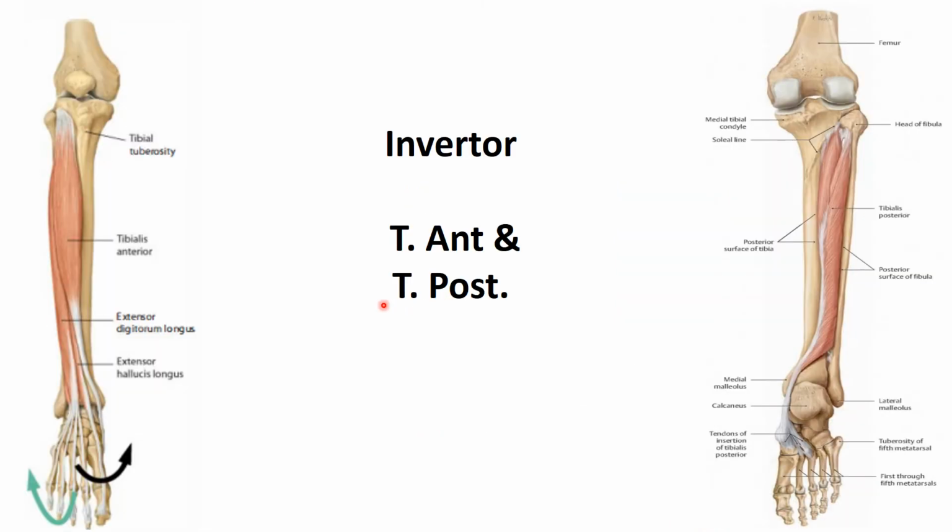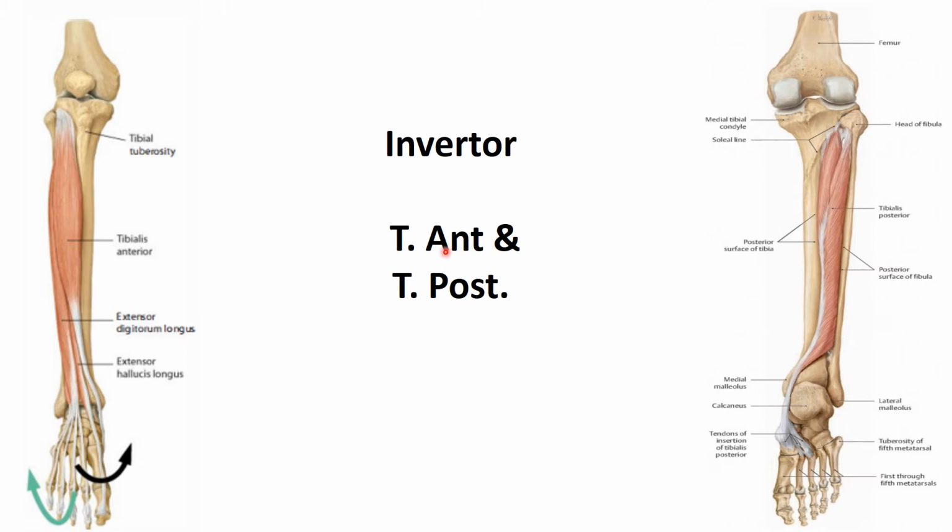So the inverters of the foot are tibialis anterior and tibialis posterior. Now individually, tibialis anterior, being attached to the medial cuneiform and the base of the first metatarsal, by its direct pull raises the apex of this medial longitudinal arch and thus helps in somewhat maintaining the arch.